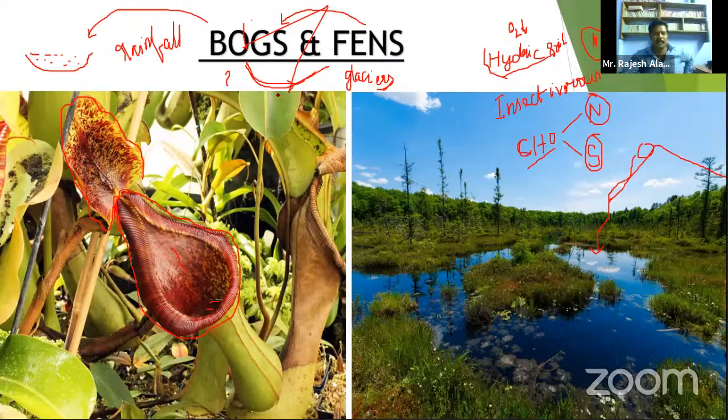A fen can be converted to a bog, sir. Very good. When the glacier is completely lost, there is no chance of glacier water. Now rainfall will be the only source. If rainfall is the only source, then it will become a bog. Very good, Uday. But at no point of time will a bog be converted into a fen, because there won't be any glacier source. This understanding and comparative study is needed, right?